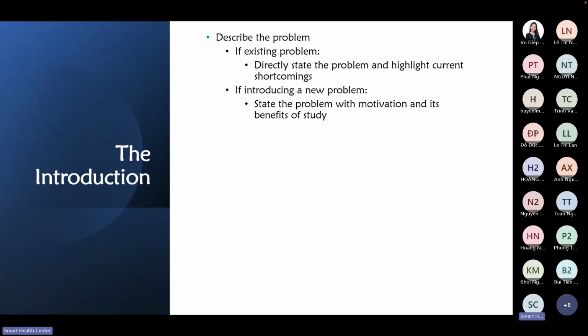When federated learning had just come out, they would say many things, the benefit of federated learning, the disputes, privacy preserving, and then they study some problem. But after a couple of years, you never see that kind of paragraph anymore. They just go directly to the problem they study. All right, so be careful of that. So if you come up with a new problem, you spend time to talk about it. If you study an existing problem, you just simply highlight the current shortcomings and go directly to your contribution.